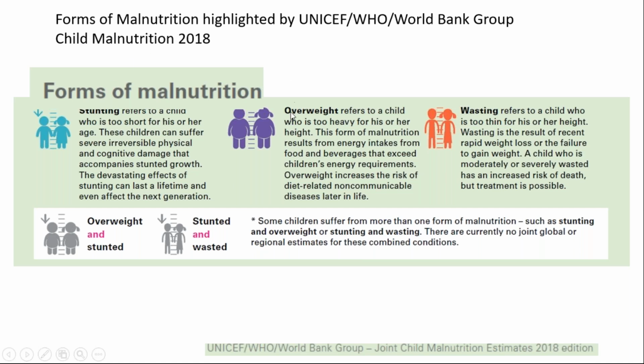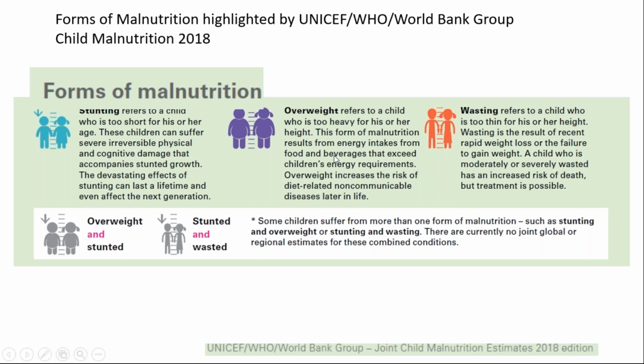Then you have overweight. Overweight refers to a child who is too heavy for his or her height. This form of malnutrition results from energy intakes from food and beverages that exceed the child's energy requirement. Overweight increases the risk of diet-related non-communicable diseases later in life, which include cardiovascular diseases, diabetes, hypertension, etc.